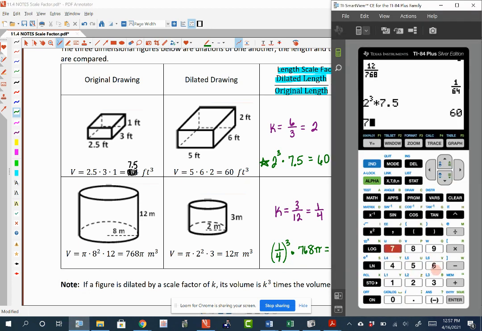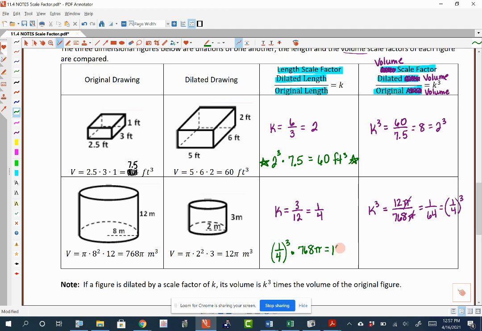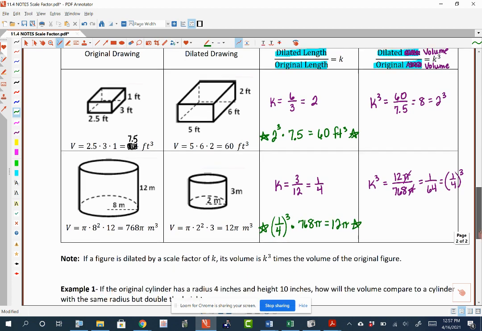Let's see, 768 divided by 64 is 12, which is exactly what I wanted it to be because I knew my volume dilated there was 12 pi. So if we know our scale factors and we have an area or a volume, we can find area or volume of a dilated shape. So that's kind of cool relationship there.